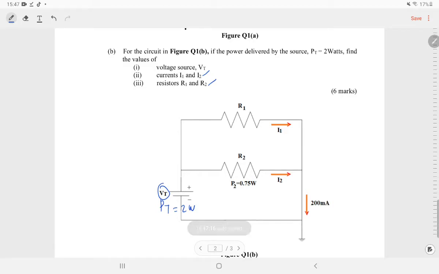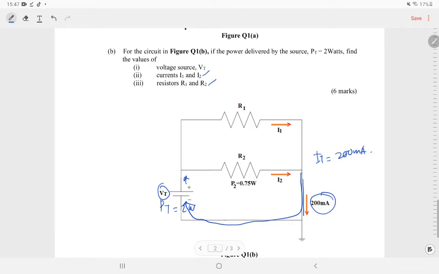All right, so from here, if you look at this branch, this is 200 milliampere. 200 milliampere is actually the total current flow in the circuit, right? So that means this current will flow here and go back here. That means our I total is 200 milliampere.